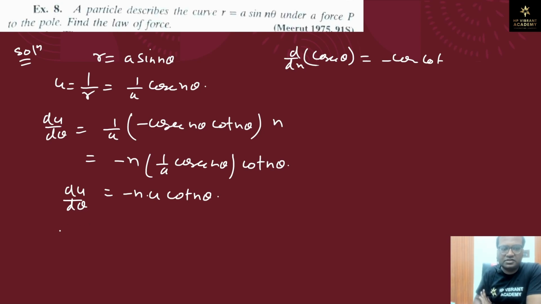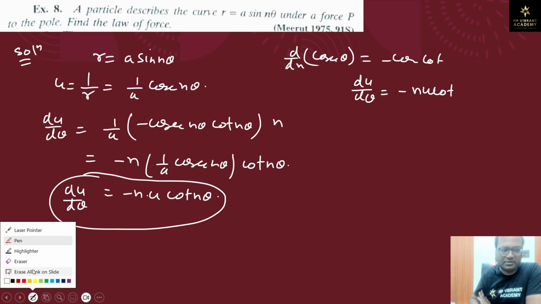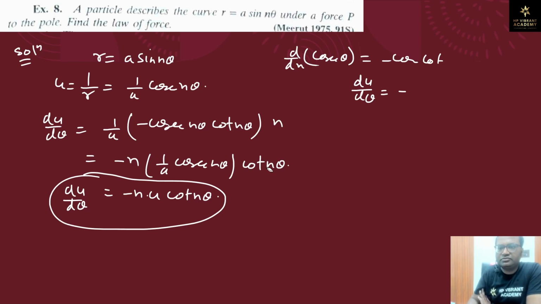So now let us further differentiate this. So we have du upon d theta is equal to minus nu cot n theta.